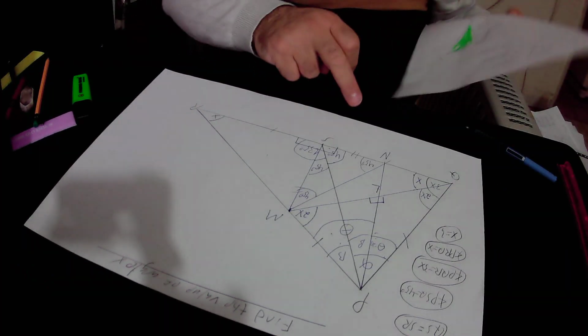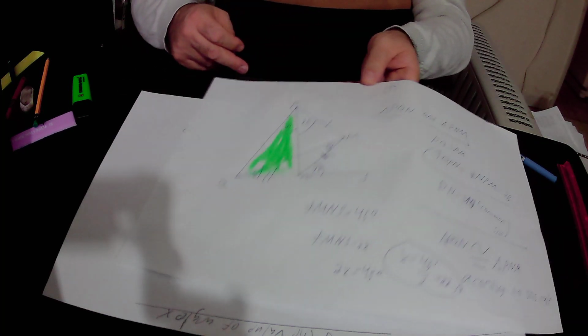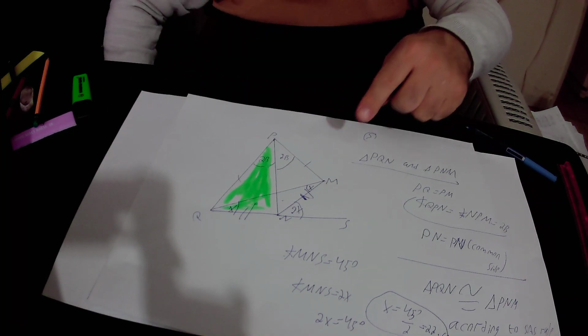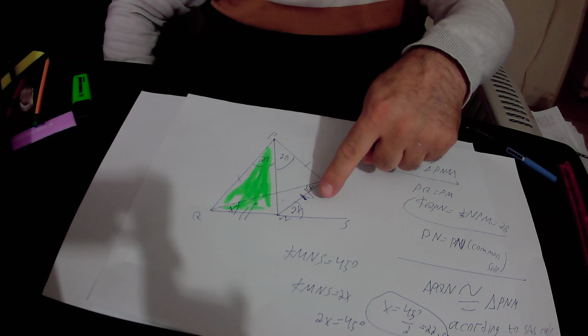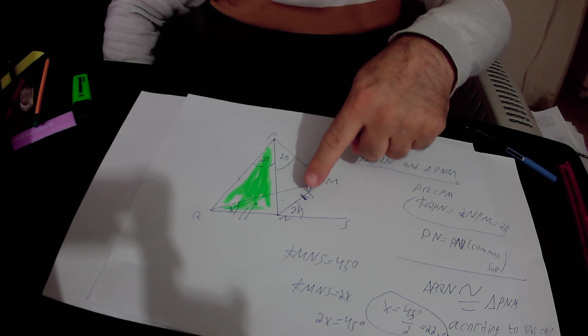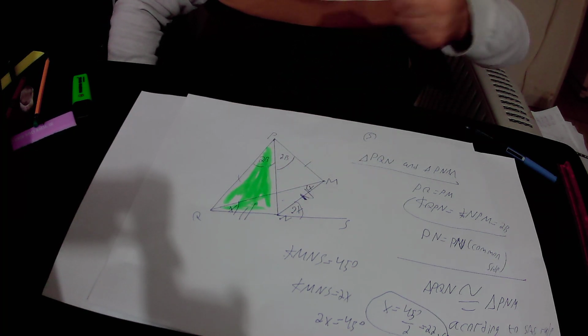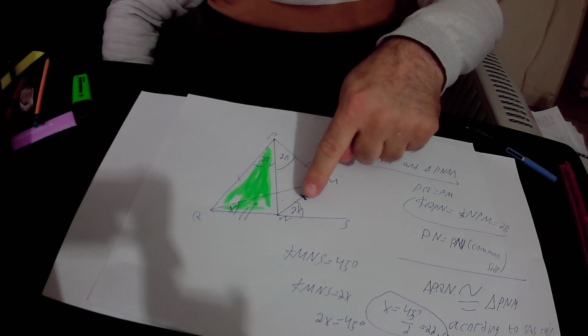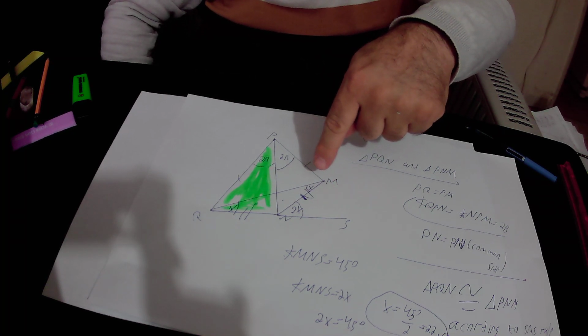This angle MNS equals 45 degrees from one side, but from the other side, angle MNS equals 2x, because it is the exterior angle of triangle MQN, and it equals the sum of the angles that are not adjacent to this angle. That is to say, it equals x plus x.